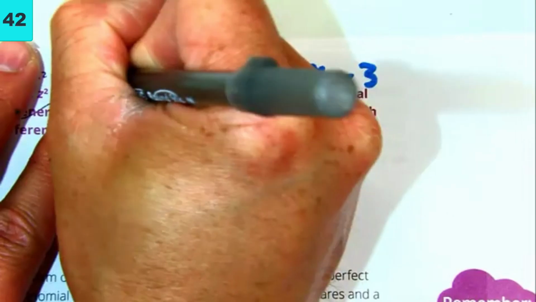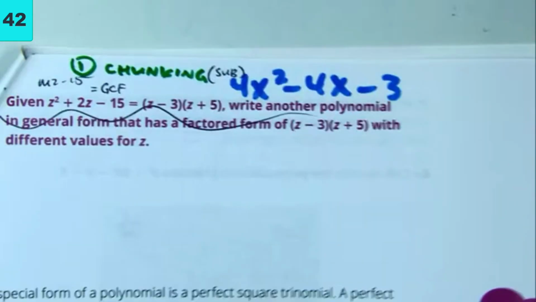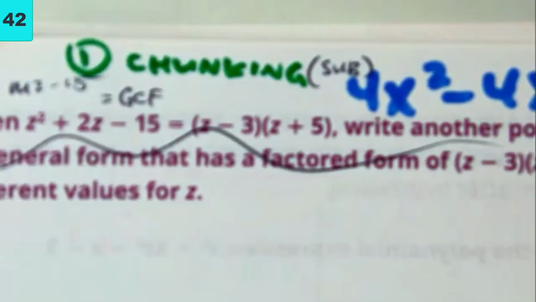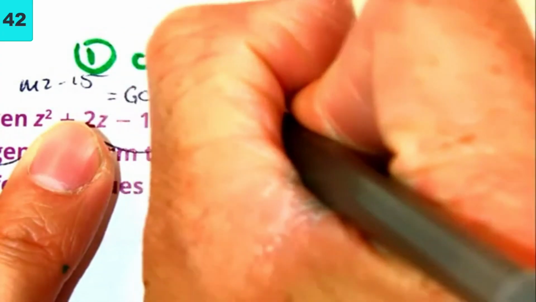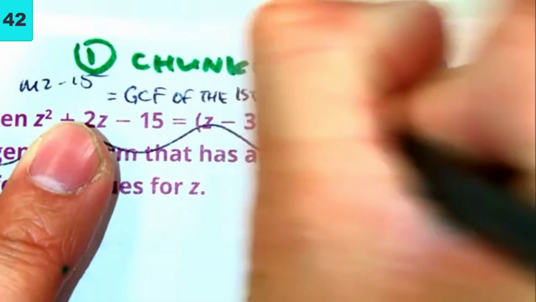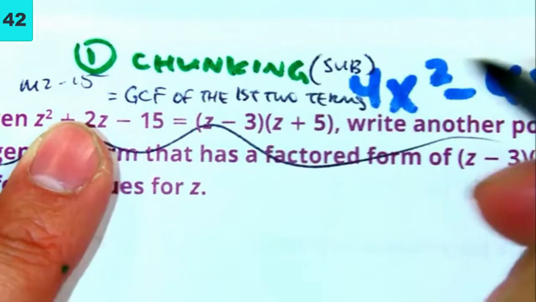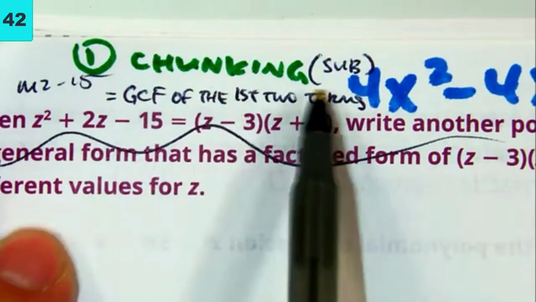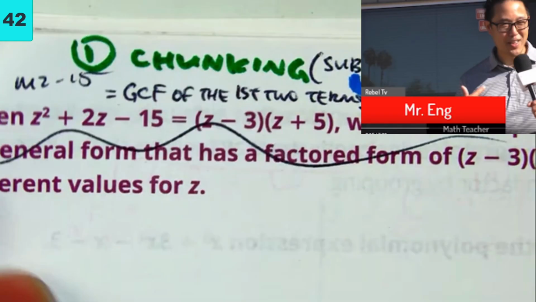Or another way of saying it is chunking is the greatest common factor of the first two terms. Chunking, you'll see, is a substitution, and it's really a greatest common factor of the first two terms.